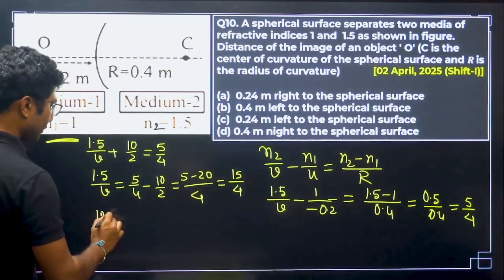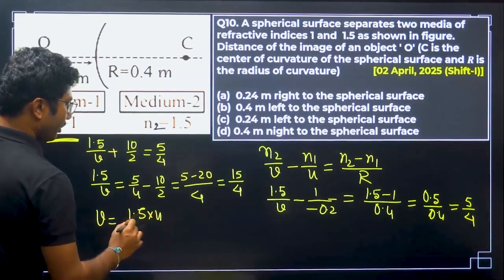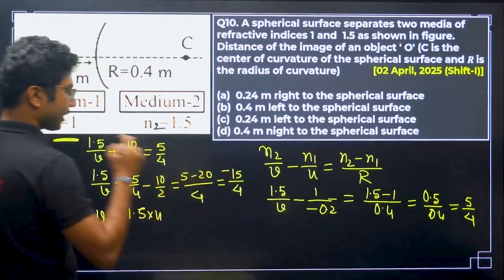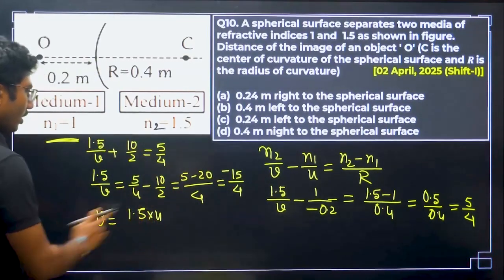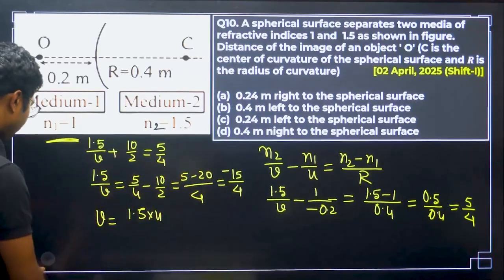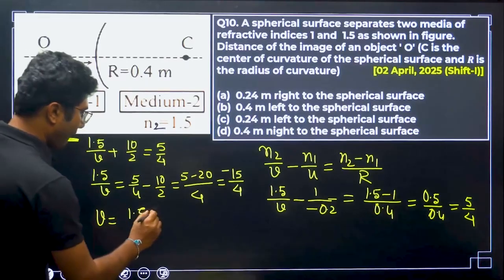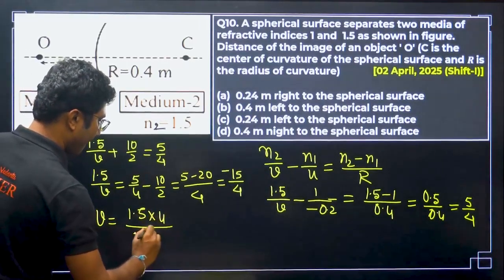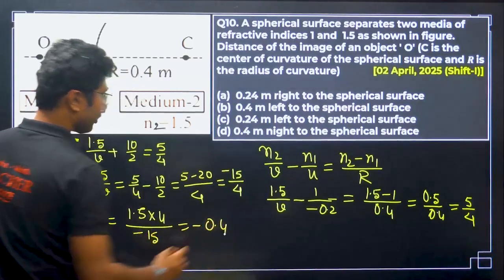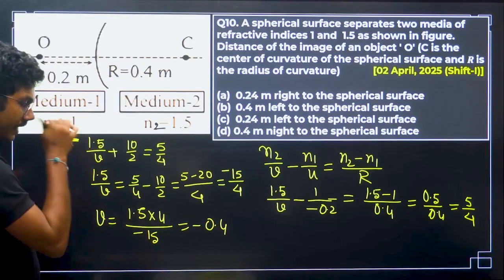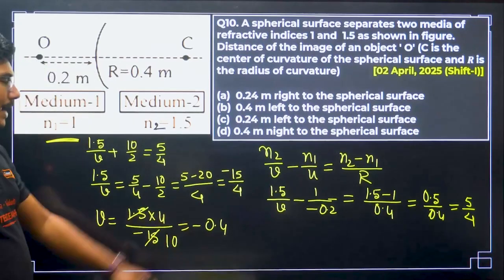So V equals 1.5 into 4 divided by minus 15. Cancelling the division of 10, it will be minus 0.4.